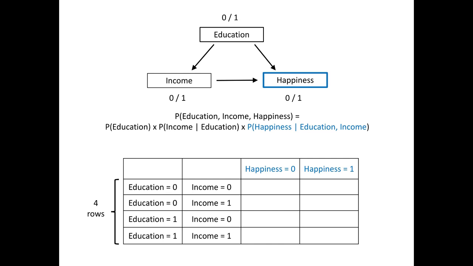Finally, we instantiate the probabilities and check that each of the 4 rows sums to 1. So, for example, this conditional probability table tells us that the probability that happiness is equal to 1, conditioning on education equal to 1 and income equal to 0, is 0.25.